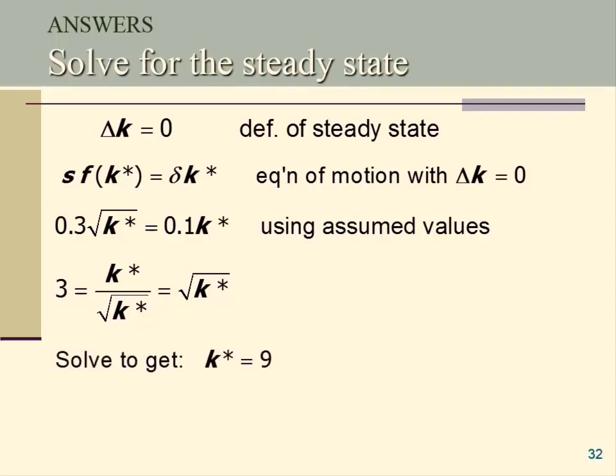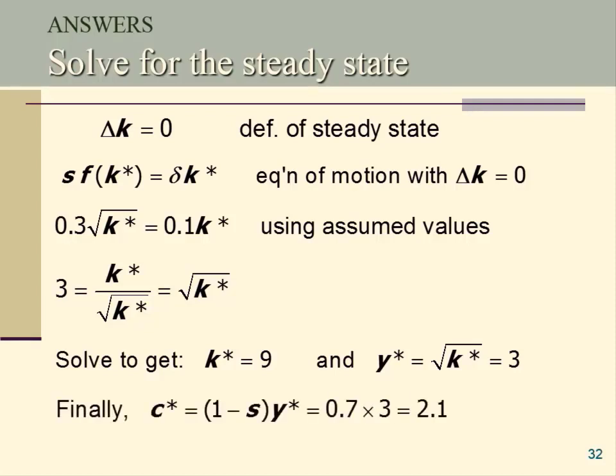And then you can substitute for f of k star to get y star. So y star equals the square root of k star, which is the square root of 9, which equals 3. Finally, c star is equal to 1 minus s times y star.